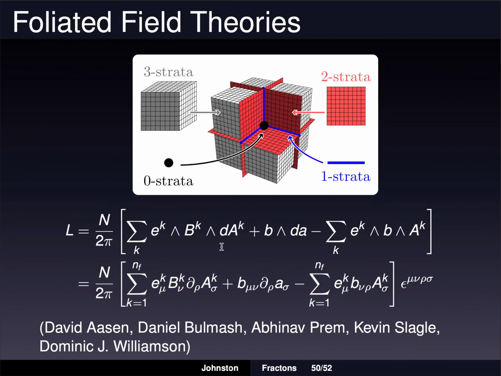These foliated field theories, for instance, look like this. So if I've got a cubic lattice, I can think of slicing it up in different ways. And the field theory is composed of a three-dimensional toric code, which can be written like this, and a set of two-dimensional toric codes which are embedded inside it.